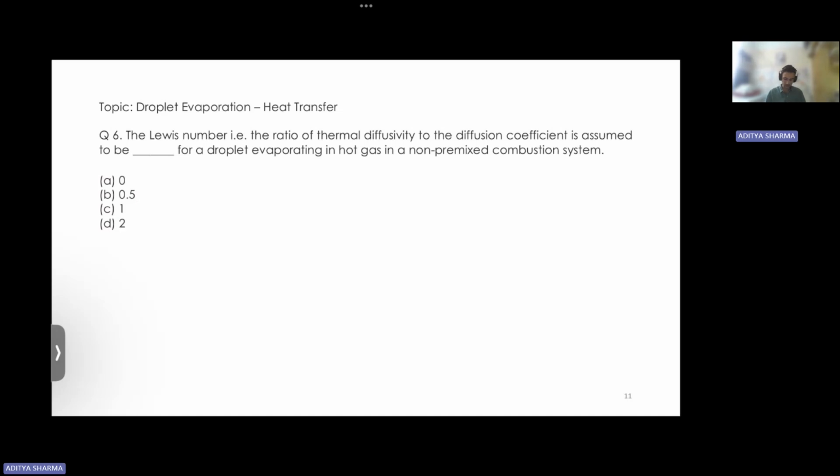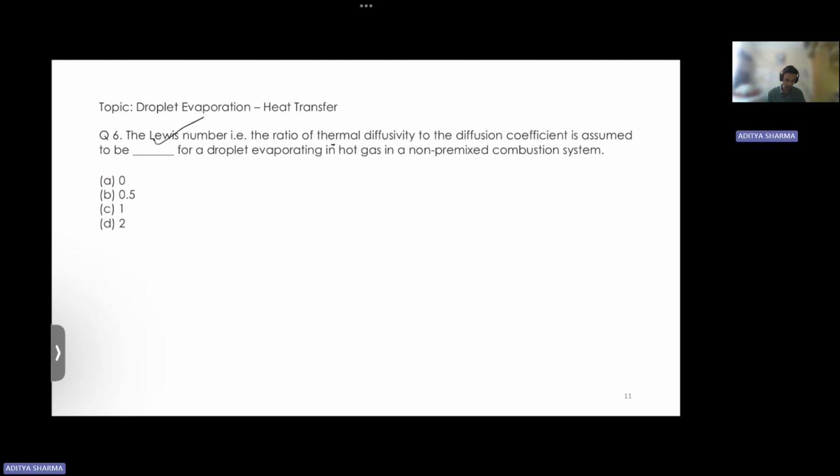So question number 6 states that the Lewis number, that is the ratio of thermal diffusivity to the diffusion constant, is assumed to be dash for a droplet evaporating in hot gas in a non-premixed combustion system. So Lewis number has been talked about and its definition has also been given.